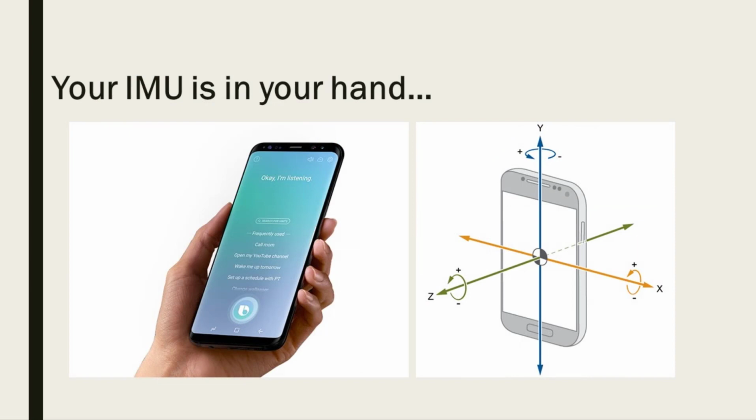Okay, so right now we know what is AHRS, we know what is Kalman filter, we know the difference between IMU and AHRS, and we know what we are going to do. So everything is ready. What you're going to need for this tutorial is having Matlab and Simulink. For Android development, you can use Matlab 2014b and later.